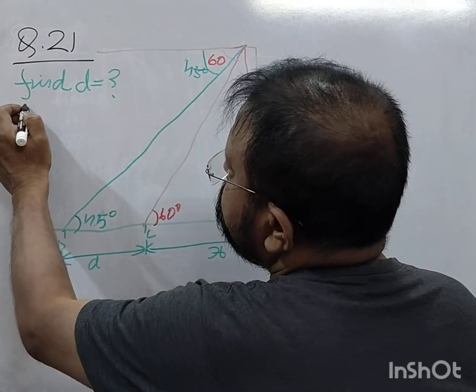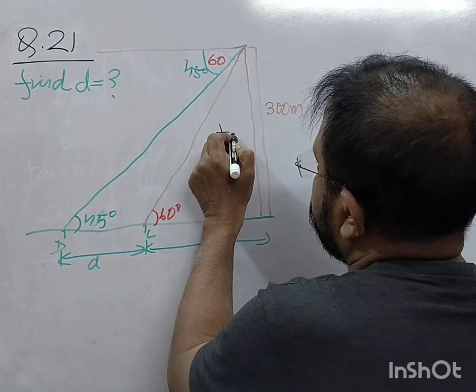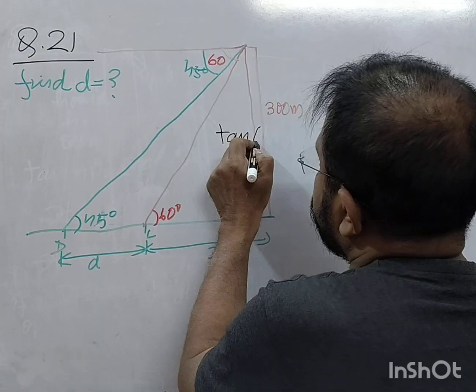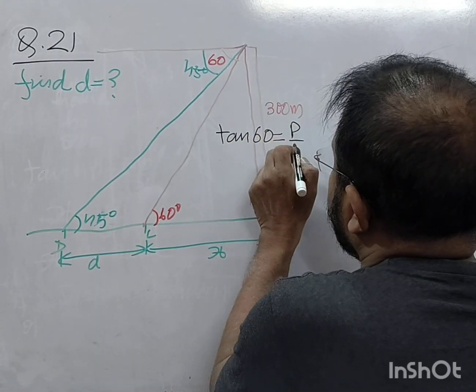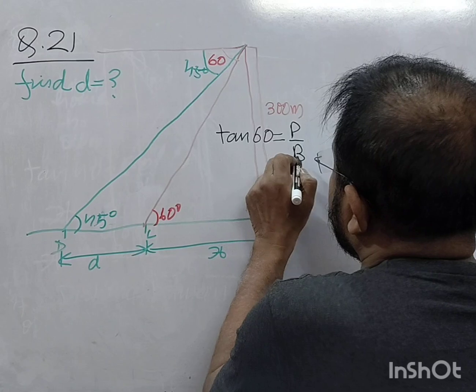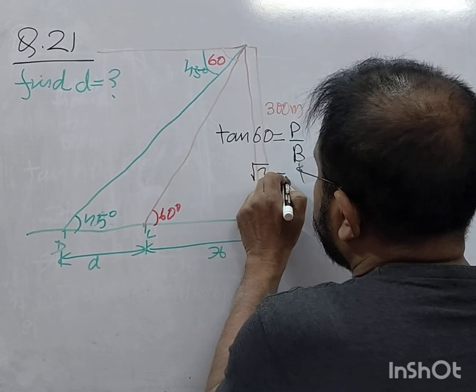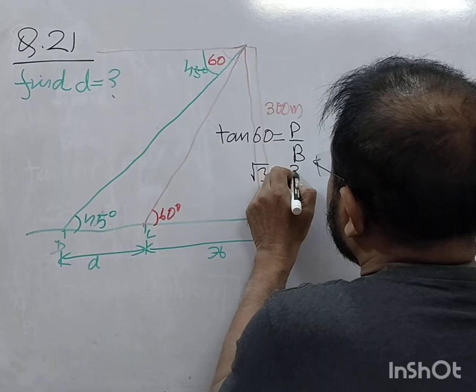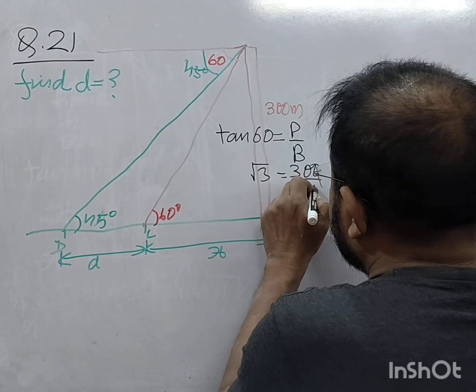Now if we go tan 60 degree is equal to perpendicular upon base, so it becomes root 3 is equal to 300 upon x.